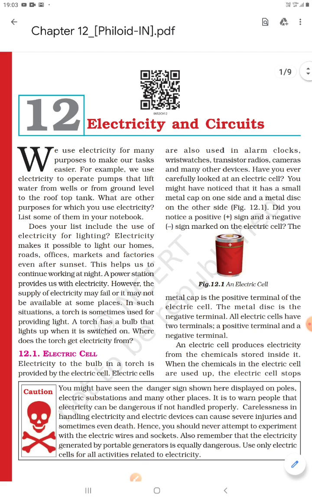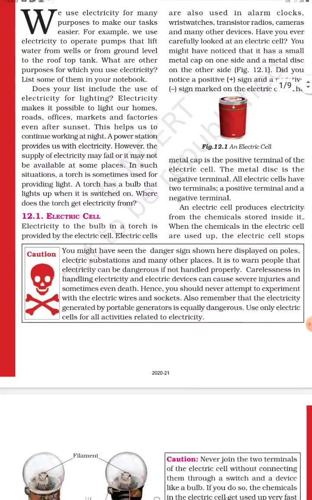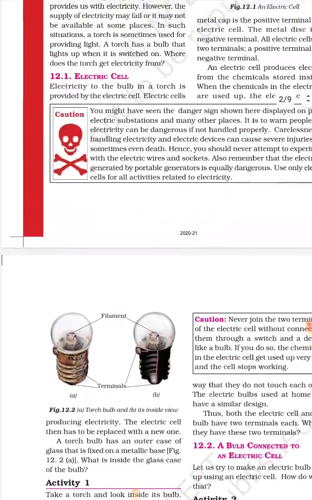There will be no electricity; it will not produce electric current. So in an electric cell there is chemical energy, because there are chemicals, and it can be converted into electrical energy. In this way we get electric current or electricity.